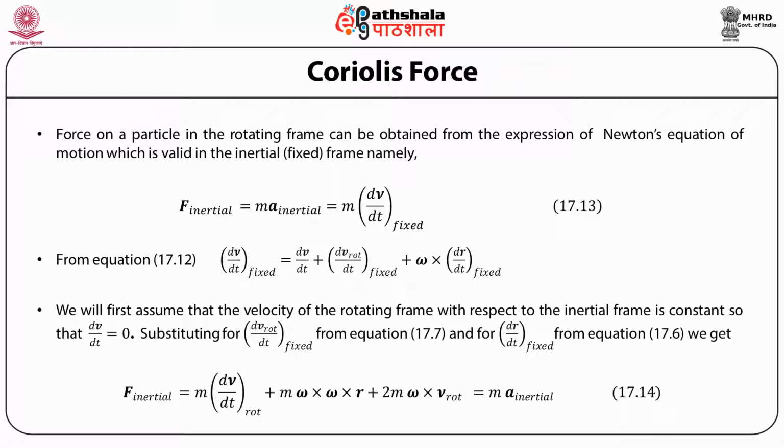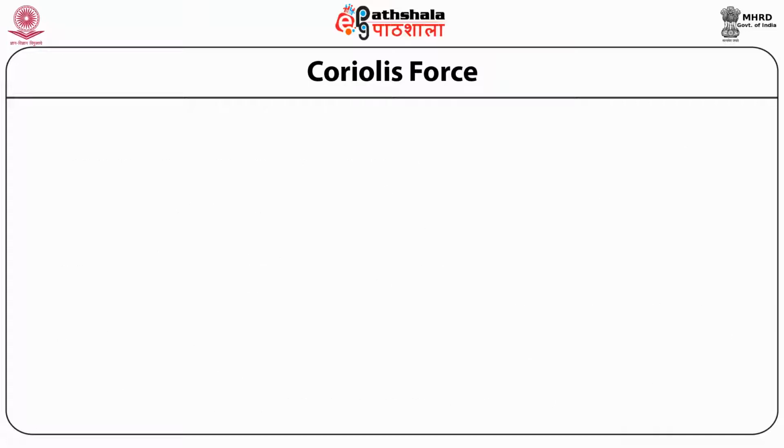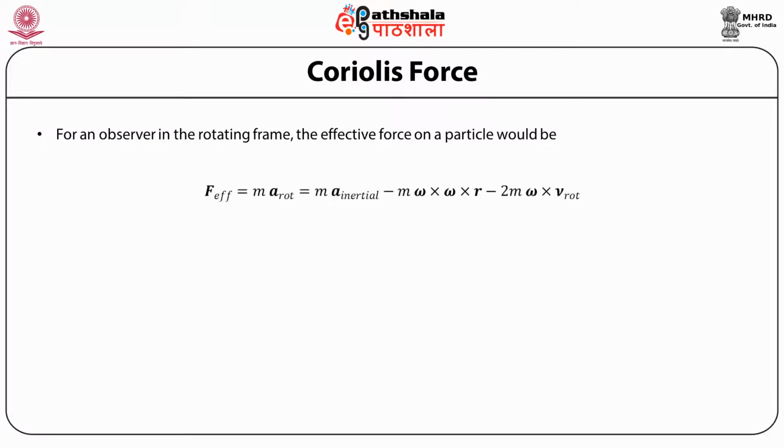And since this is the force in the inertial frame, it can be written from Newton's law as mass into the acceleration in the inertial frame. Thus, for an observer in the rotating frame, the effective force on a particle, which is the mass times the acceleration in the rotating frame, is equal to mass times the acceleration in the inertial frame minus m omega cross r minus 2m omega cross v rotation, where a rotation is equal to dv by dt rotation.